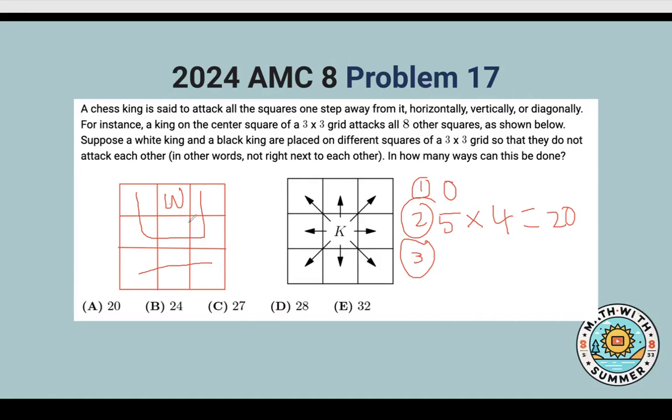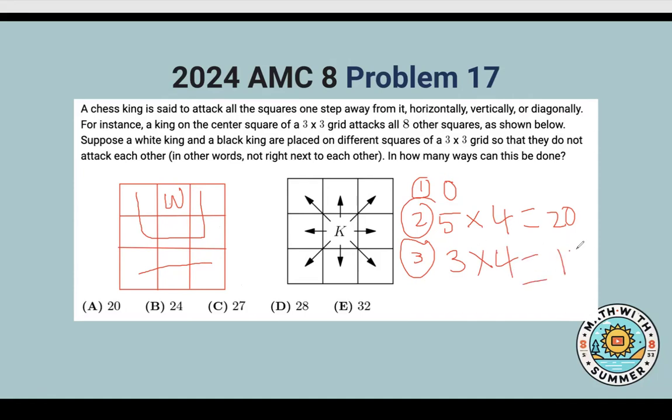And because we also know that this middle edge spot has 3 other possibilities, so 4 middle edge spots in total, we know that the number of ways to do this should be 3, the number of places to put the black king, times 4, the number of places to put the white king.